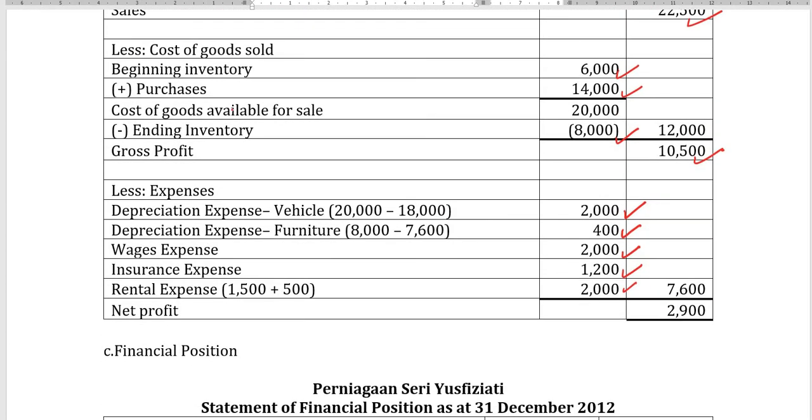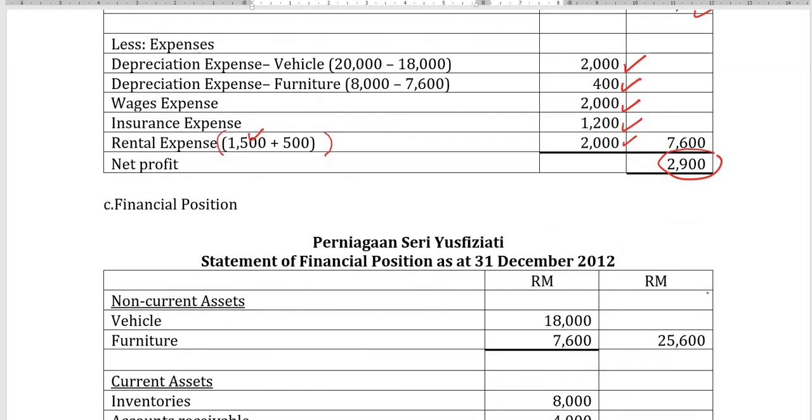Okay, so that is why for your rental, your cash paid is 1,500 plus CF 500 minus 0. This is payable, right? So 0 is not shown in this question. Okay, so calculation you boleh buat kat sini je. You make sure you do it besides the item. So your rental expense is 2,000. So you get the net profit of 2,900.